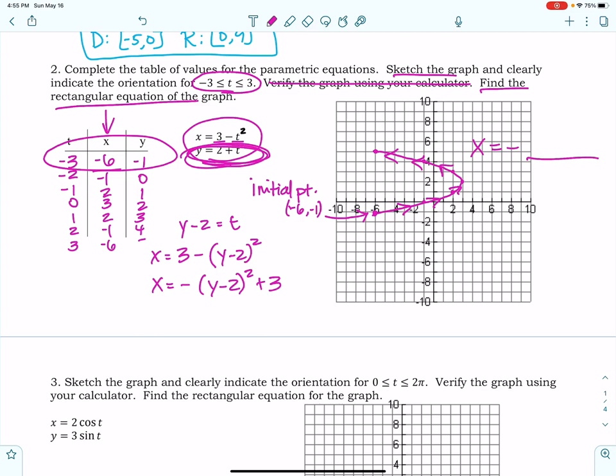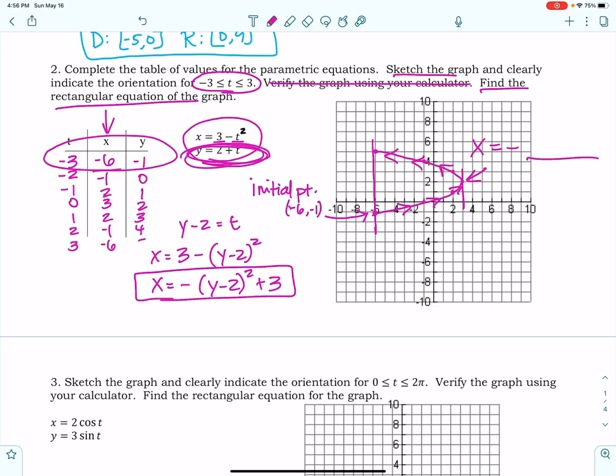So notice that for this particular problem, our domain is restricted at -6 and it's also restricted at 3. So I am just going to write that out. Technically, since we wrote our equation in this form, we don't really have to worry about this right here because that's automatically defined.